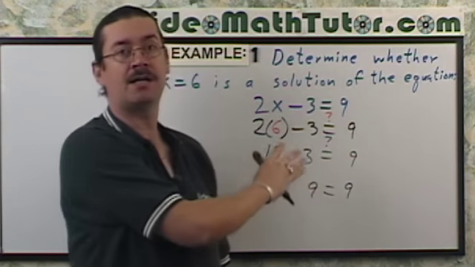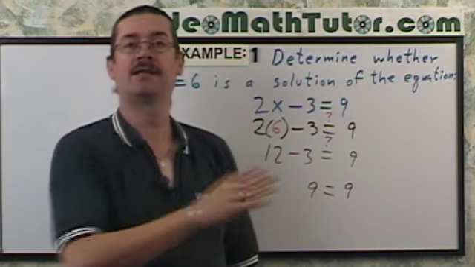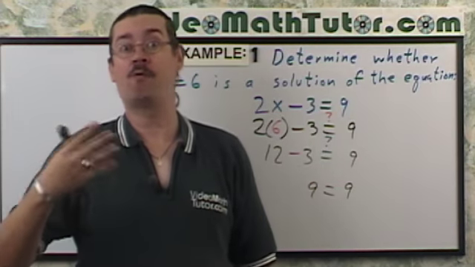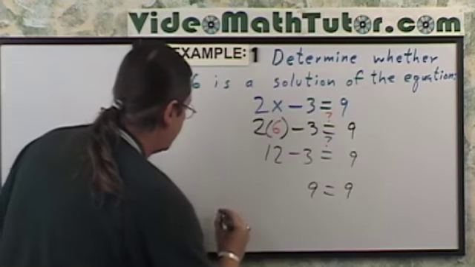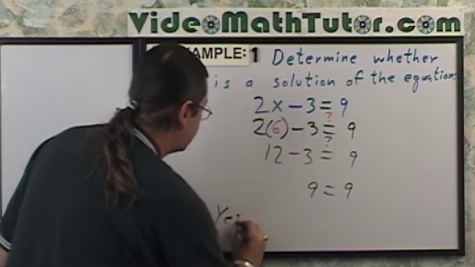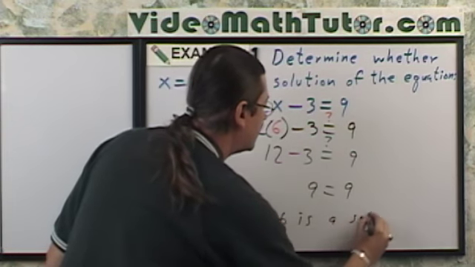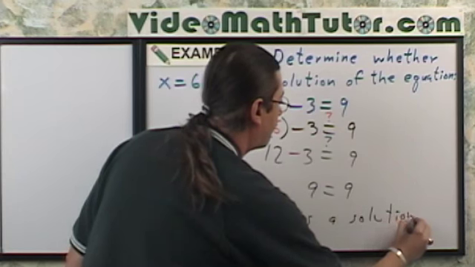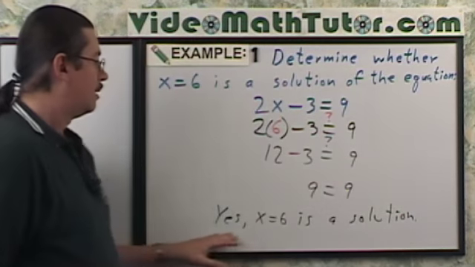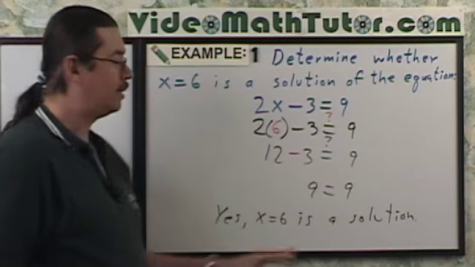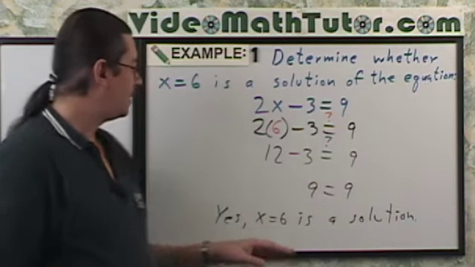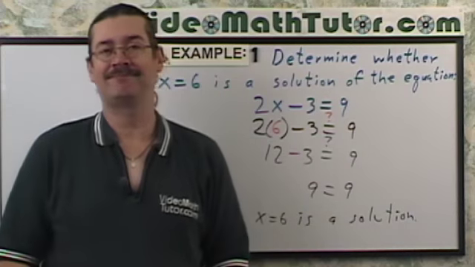We are officially finished with this problem. Now let's write down the formal answer. So you're going to say, yes, x equals 6 is a solution. Now you can box this or circle it or whatever. For this lesson, I'll just write it out. And we're done.